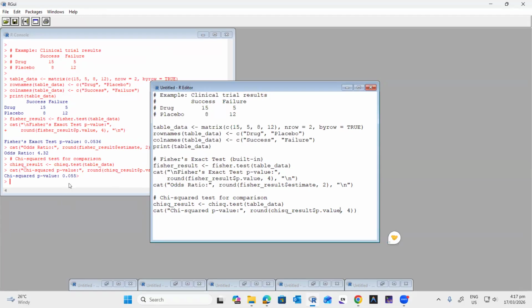This is the p-value, that is 0.055. Earlier we had 0.0536. So both of them are almost the same. All right, so that is your Fisher exact test, as the application of that permutation test.